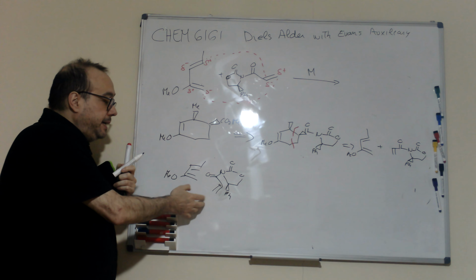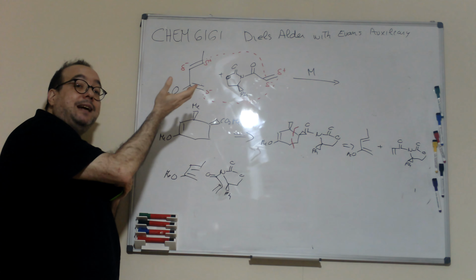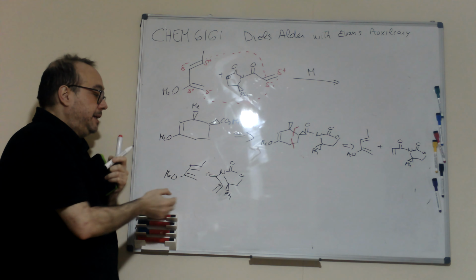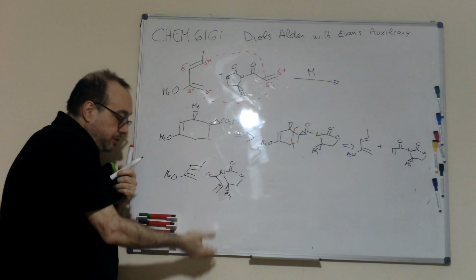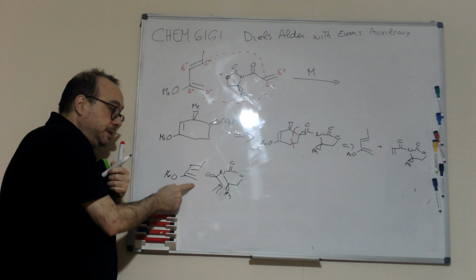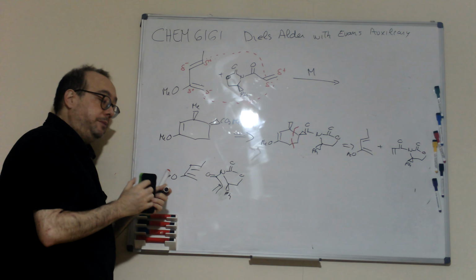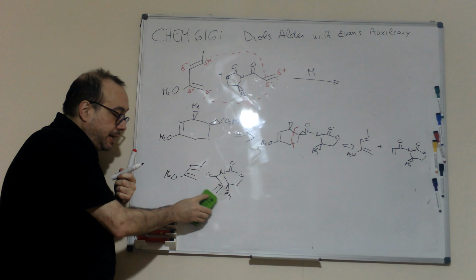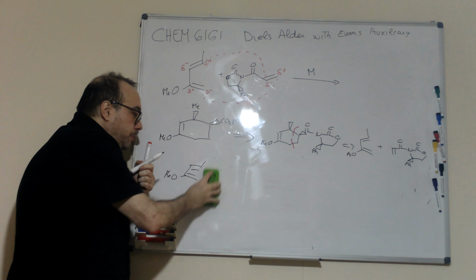In this case, the phenyl is facing up. If this alkene is coming from the bottom face, this phenyl will crash with the dienophile, destabilizing the transition state. It means that the product will be with this alkene on the top.